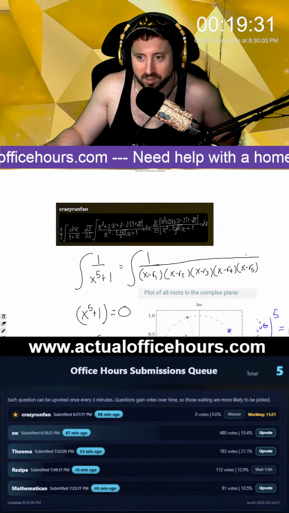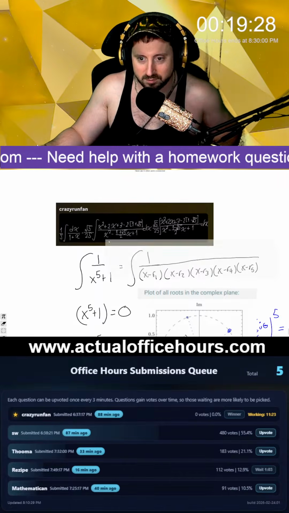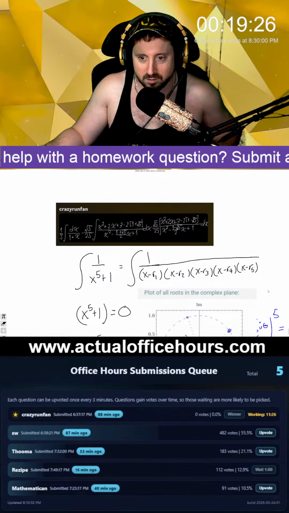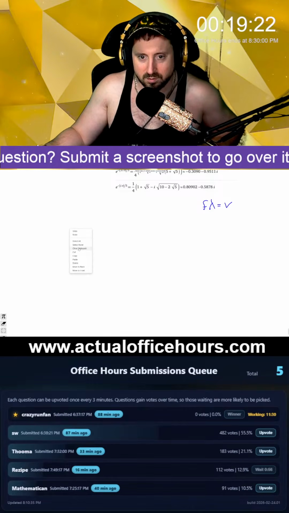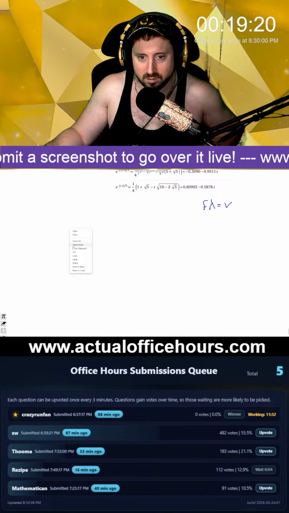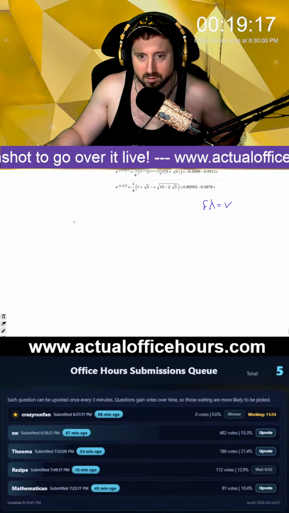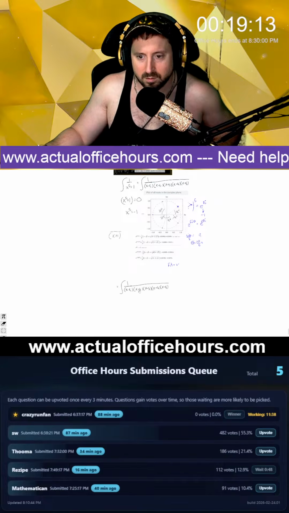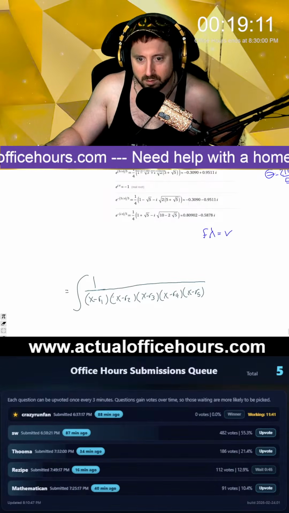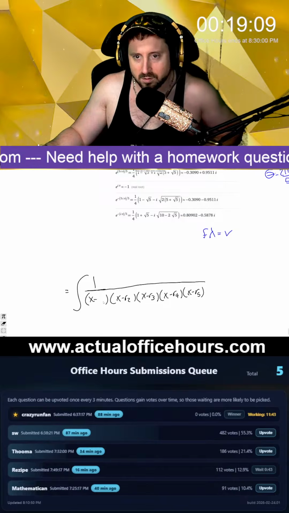So that's what this has turned into, right? And then from there you can do a partial fractions decomposition. At least when you do that, you're just going to get a bunch of natural log terms that you can evaluate, rather than whatever that is.